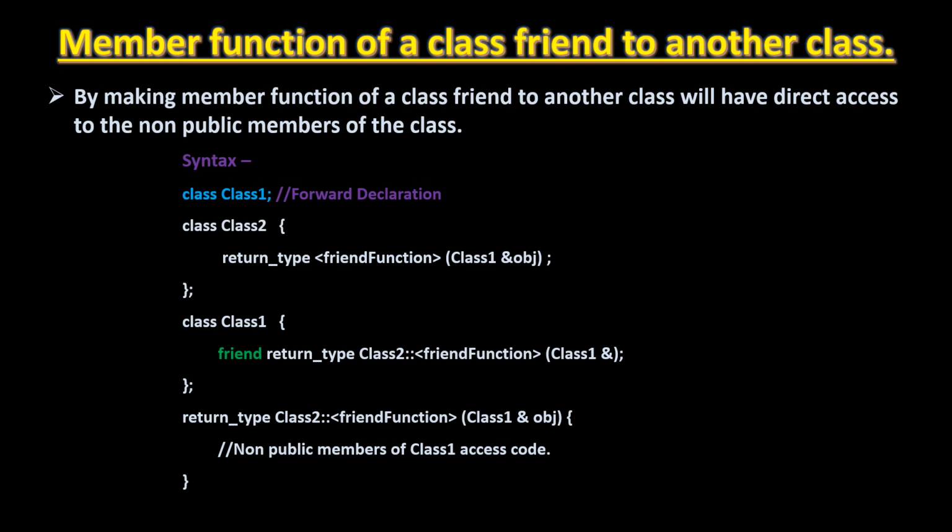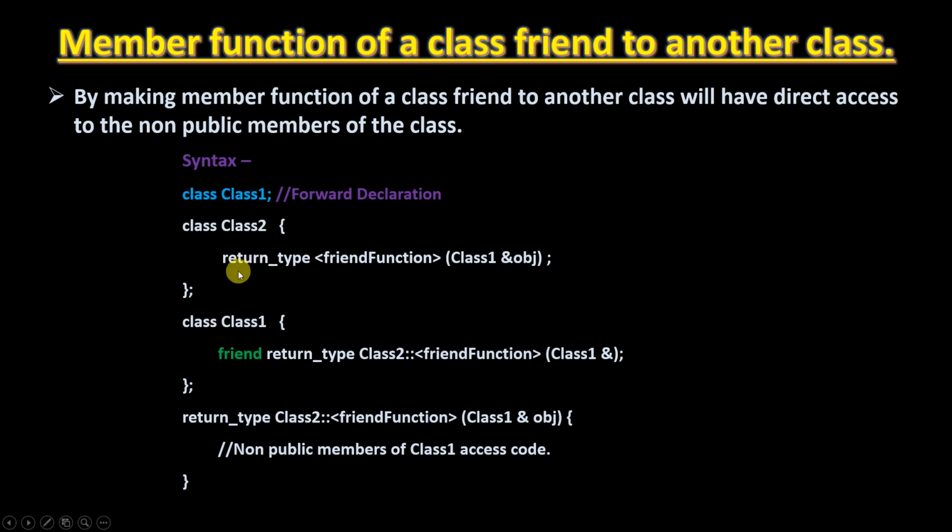During that time, you have to give the class 2 declaration first, that is class 2 with a return type and print function. In this function I am going to access class 1 private members.